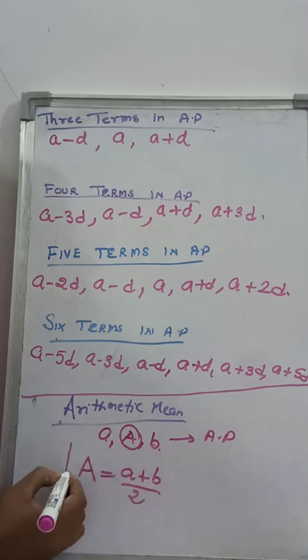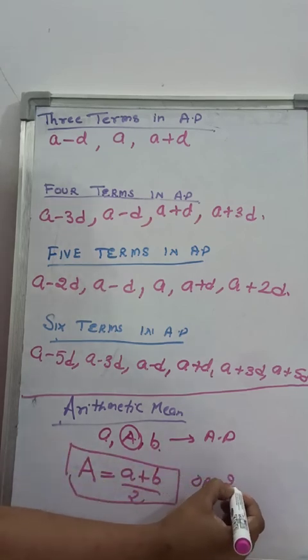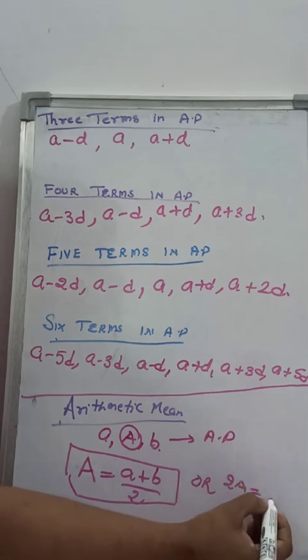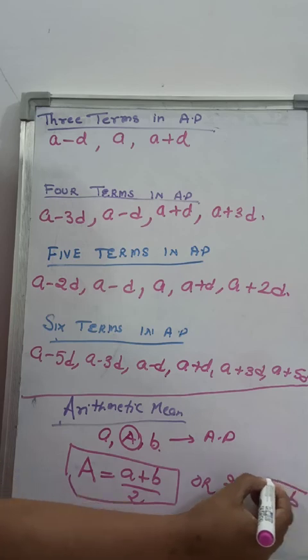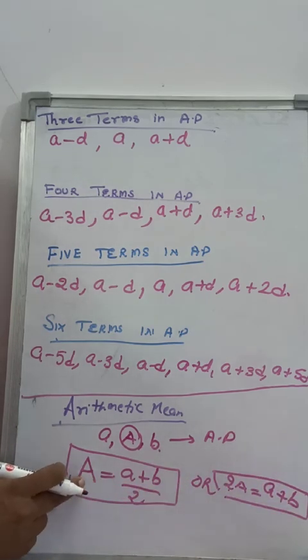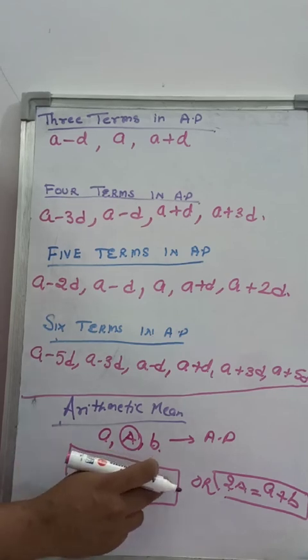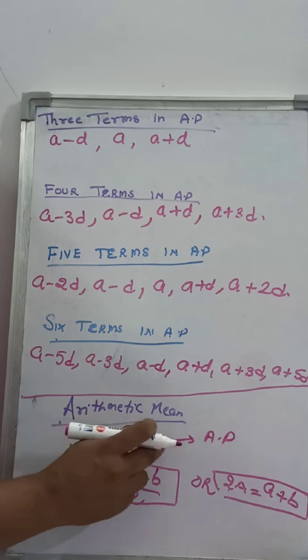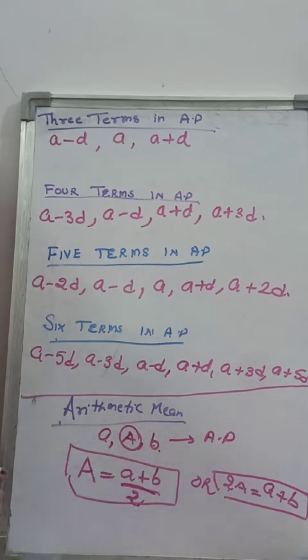So you can write this, or according to the question where it is needed, 2A is equal to A plus B. That means the arithmetic mean or second term will be equal to the sum of the first and third term divided by 2. So this is the arithmetic mean.